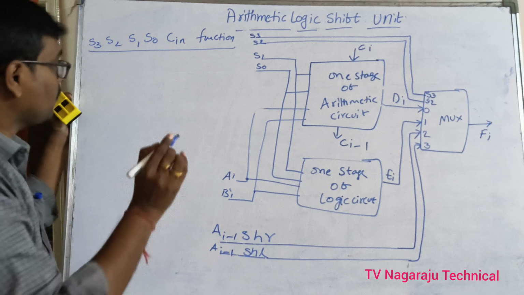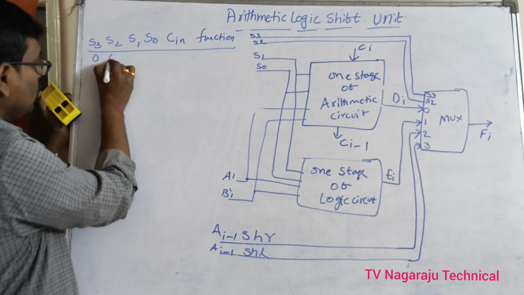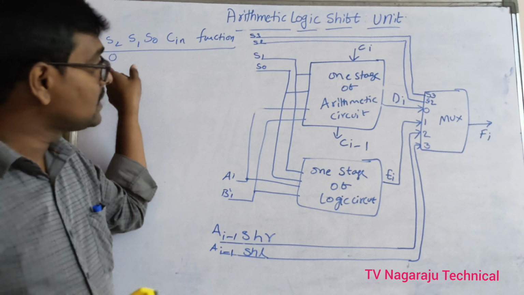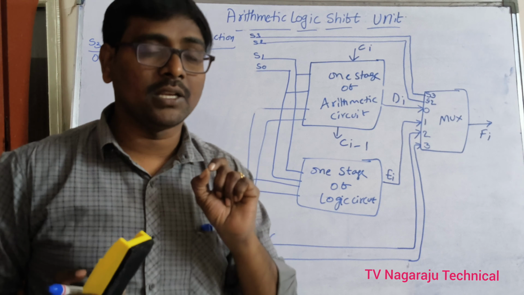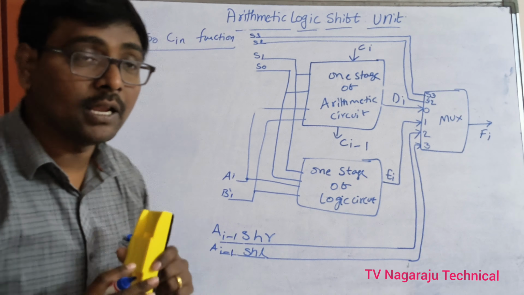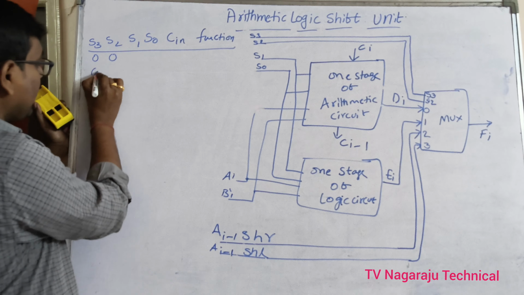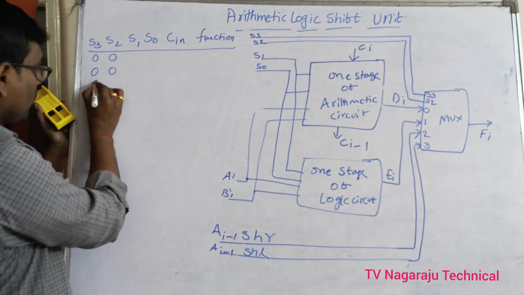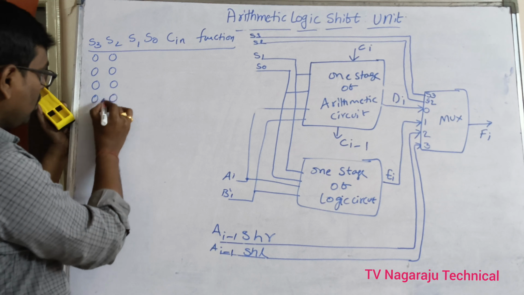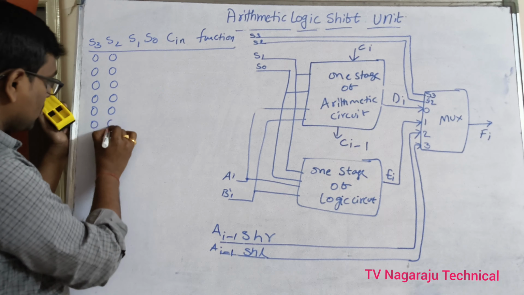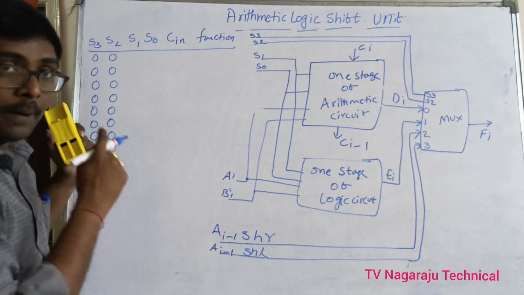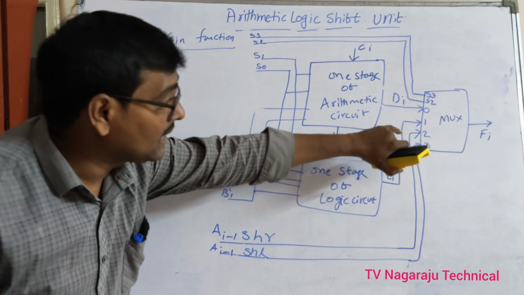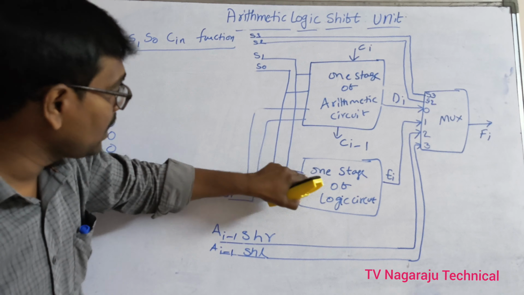And finally, what is the function we are doing? If you understand carefully, S3, S2 is 0, 0 means we are doing arithmetic operations. How many arithmetic operations are there? Total 8 arithmetic operations. Now, if you select 0, 1, which operation?